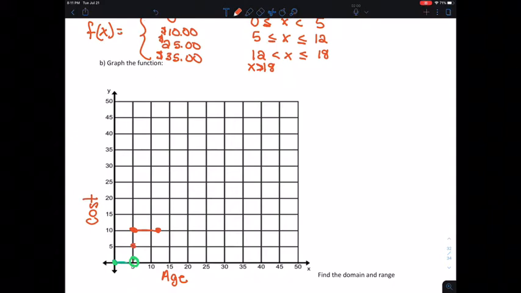And then when they're over 12, we're going to start at 13. So I'm going to put an open circle here on 25, on 12, so that's still on 12. So between 12 and 18, we do a closed circle on 18.